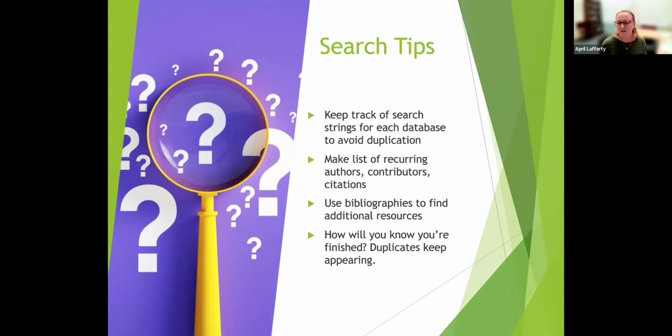So some search tips that are useful in doing your searches: first, you want to keep track of the search strings that you're using for each database or resource to avoid duplication. What I like to do is have a Word document open with the name of the database or resource that I searched, the date that I searched it, and then the exact search that I did.